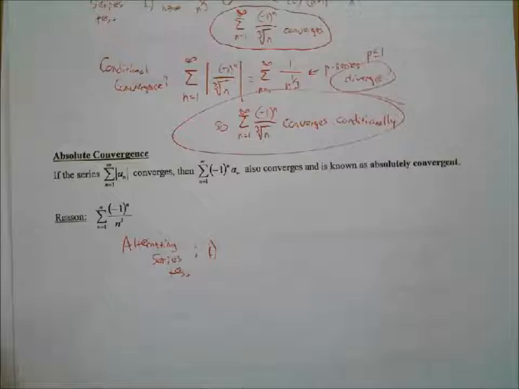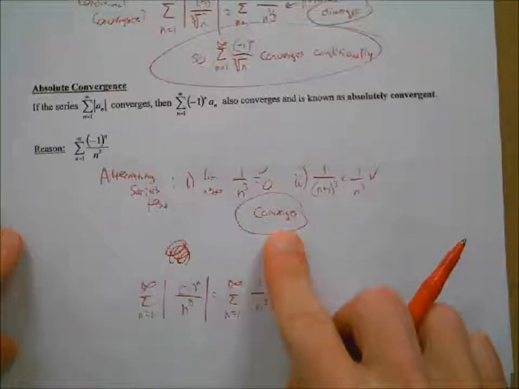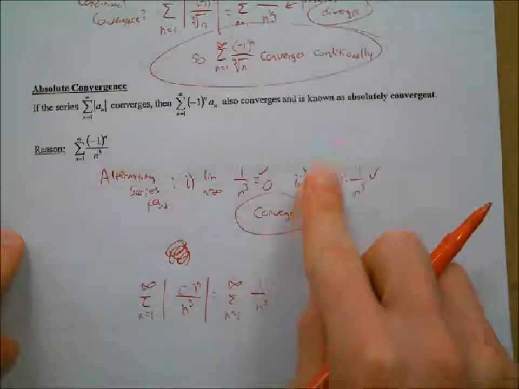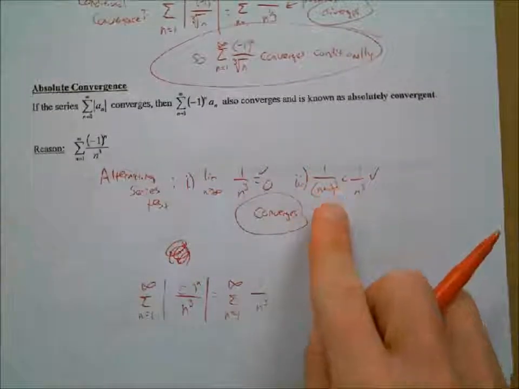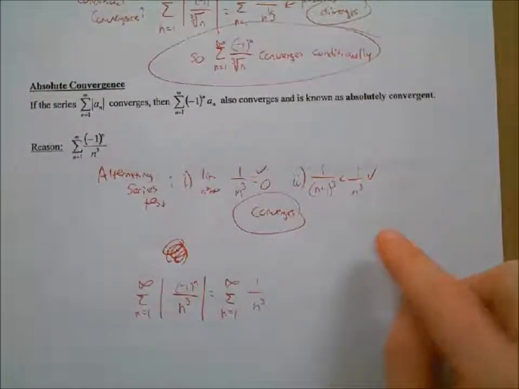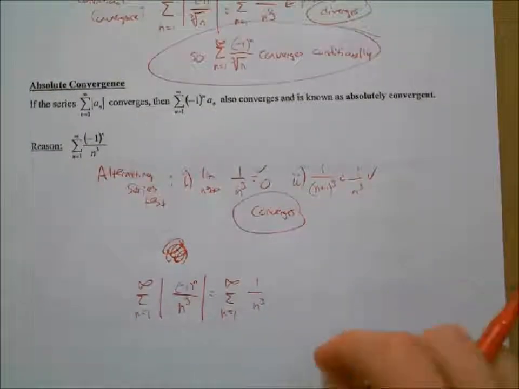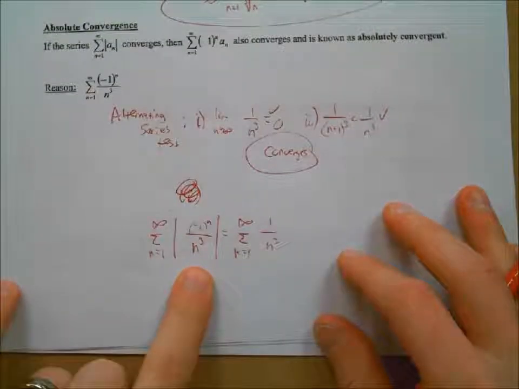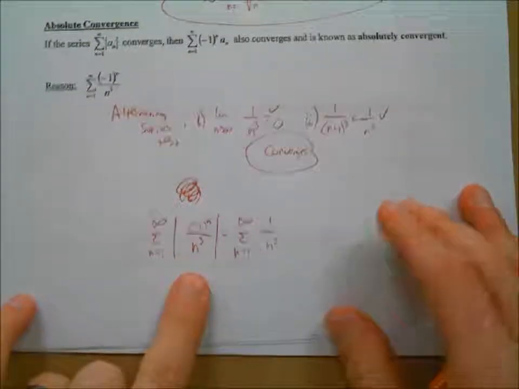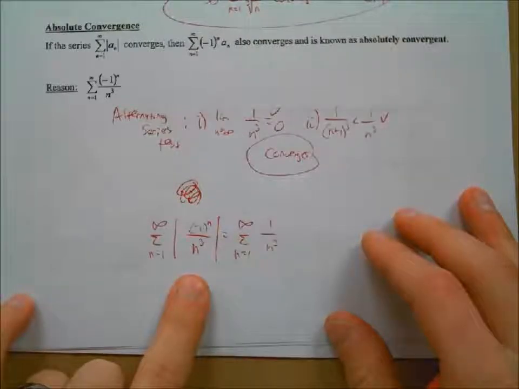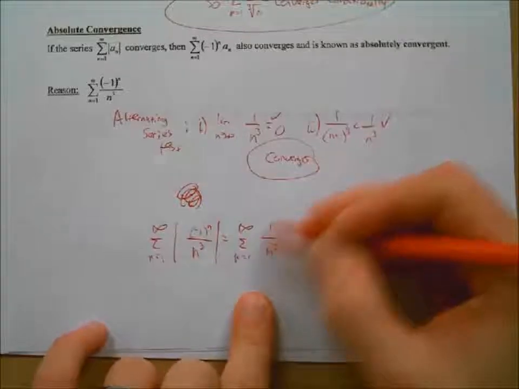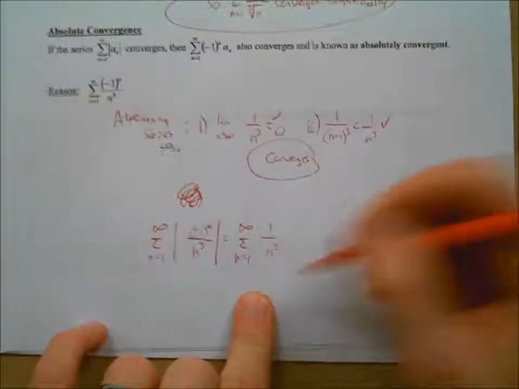Okay, so hopefully you got this thing to converge. Limit as n approaches infinity of 1 over n cubed is 0. 1 over n plus 1 cubed will certainly be less than 1 over just n cubed, because our n's are positive here. So let's check the absolute or conditional convergence. Again, we'll take the absolute value, which essentially gets rid of the alternating piece, and just consider the series without the alternating part.